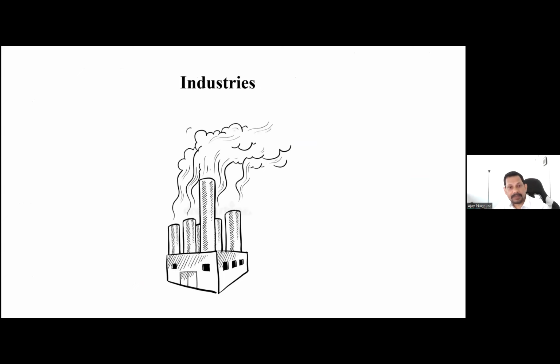We may have some information about the large industries, which are visible in a database or visible in different ways. But especially in India, there are a lot of unrecognized informal industrial activities for which there is no record.